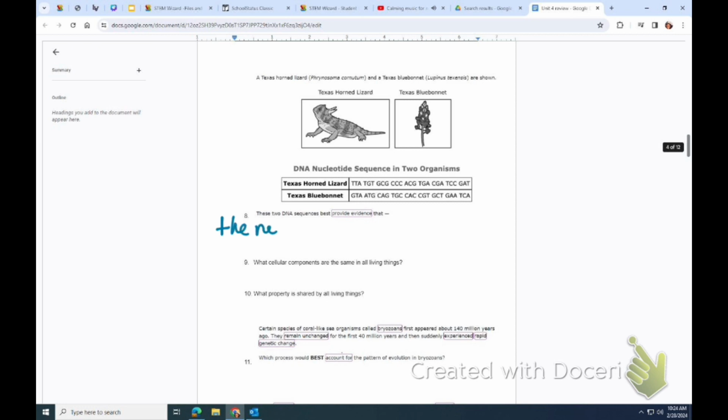The nucleotides are common to all organisms.